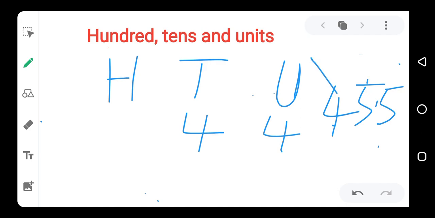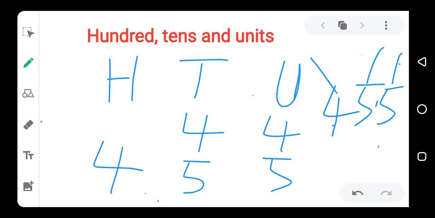The one that has 3 digits, one is going to be under units, the second one is going to be under tens, and the third one is going to be under 100, that is H. So we put the first 5 under units, we put the second 5 under tens, and we put the last number there under 100. So this is how to write it.